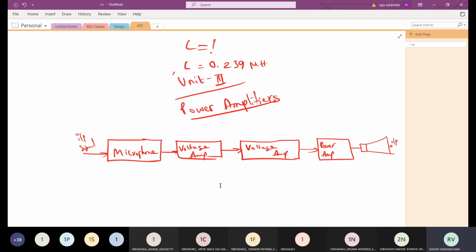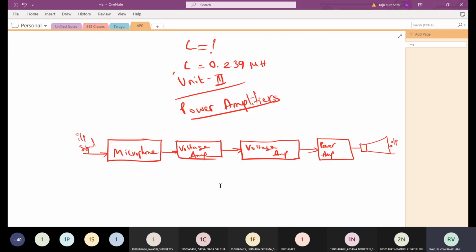So here we are using a BJT transistor. That amplifier circuit simply increases the power level of the signal. Maybe it may be in the audio frequency range, we may call it an AF power amplifier, or you may say the radio frequency range, the radio frequency power amplifier.